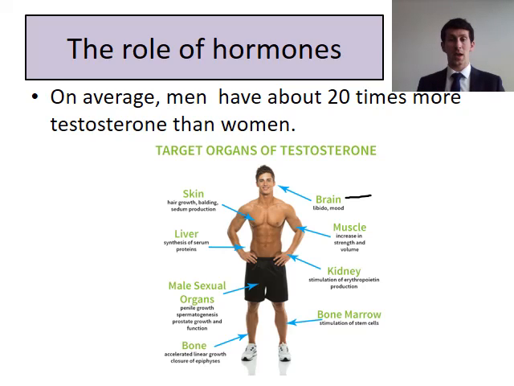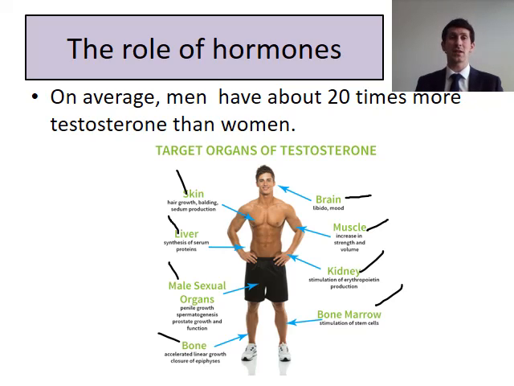It affects the brain, muscles, the kidneys, bone marrow, bones, sex organs, your liver, skin. I wouldn't necessarily write any of that down. You won't necessarily need to know all these parts. We'll go into what parts you specifically need to know. But it just shows you how many target sites testosterone has and the big effects it can have on development.